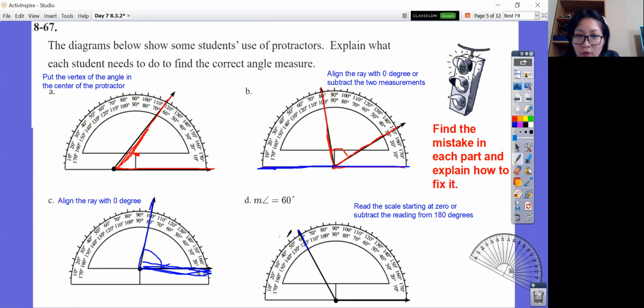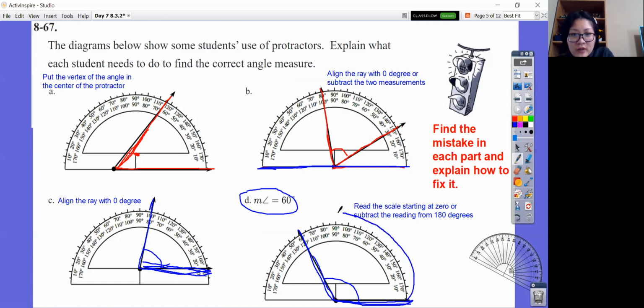Let's draw the red one so you can see it easily. This angle has to be 60 degrees. Is it true? No. It's supposed to be 120 degrees, because it's past 90 degrees from here to here. It's more than 90 degrees. It's an obtuse angle. It should be 120 degrees. Okay.